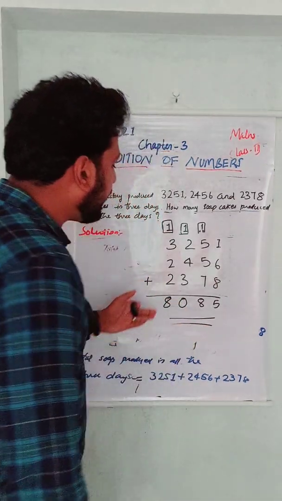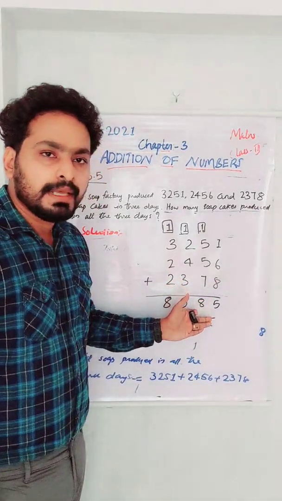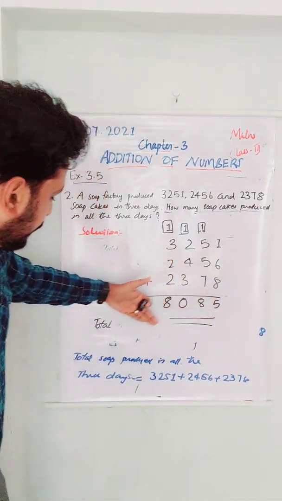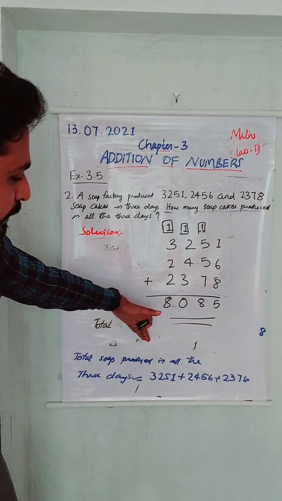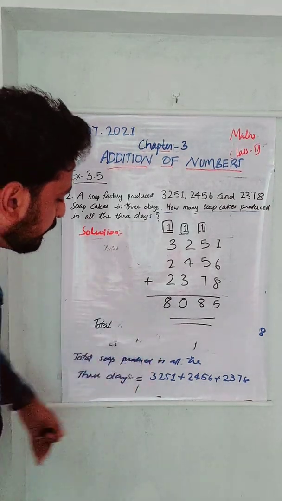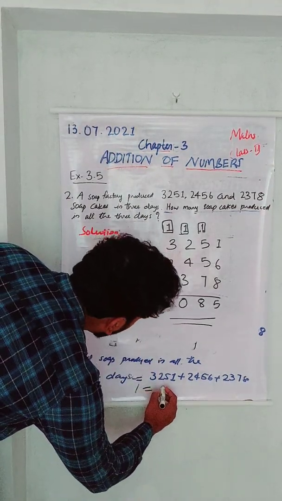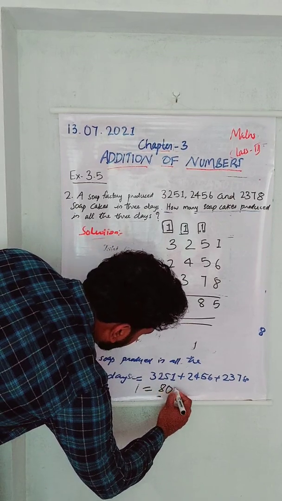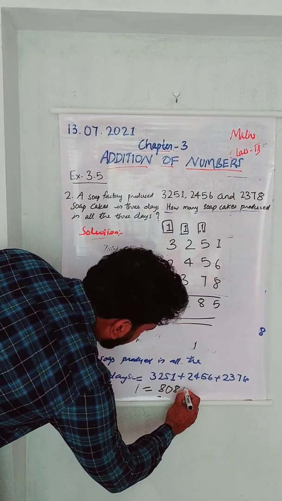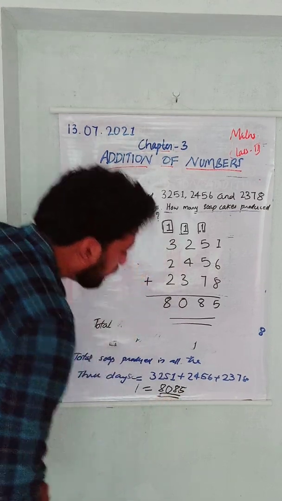So the answer is 8,085. So total soap produced in all the 3 days is equal to 8,085. Got it?